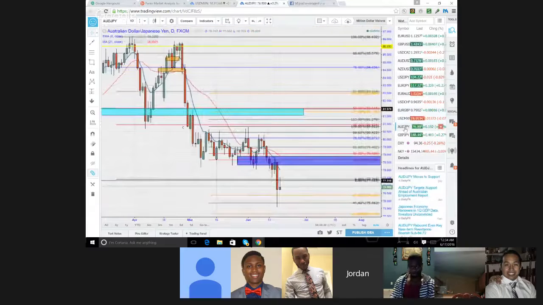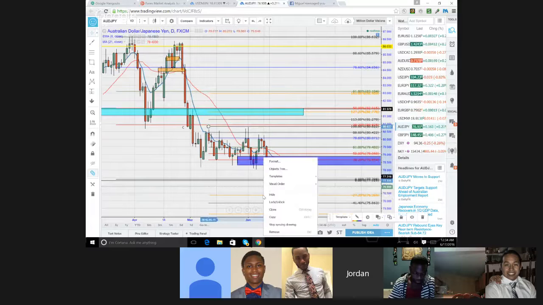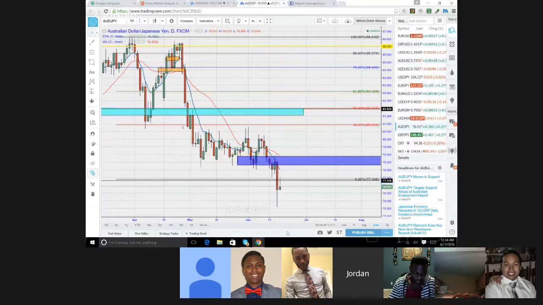Next one we look at is Aussie yen. Just as the other yen pairs, we got a nice drop. This one actually touched our 1414 extension, not quite making our 1618. So let me erase this Fibonacci I have drawn right here. Let me apply another one to it from this wick.